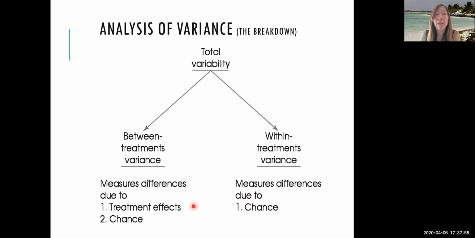So here we're measuring both. Between is what we've been doing this whole time: looking at the differences between two means. The differences would be the treatment effect or the treatment non-effect. And then how much of that is due to chance or error. Within treatment variance is essentially error.